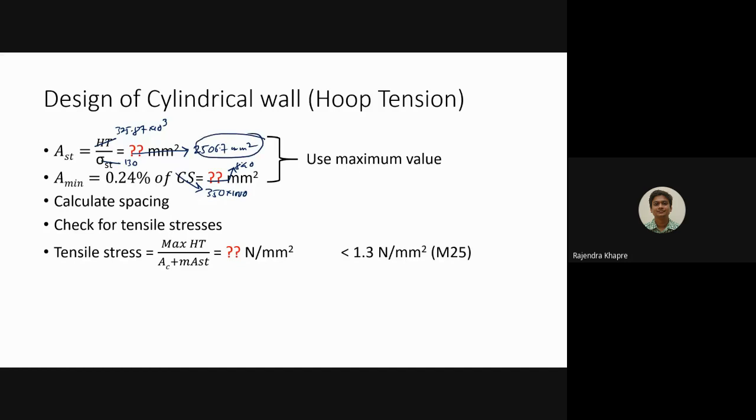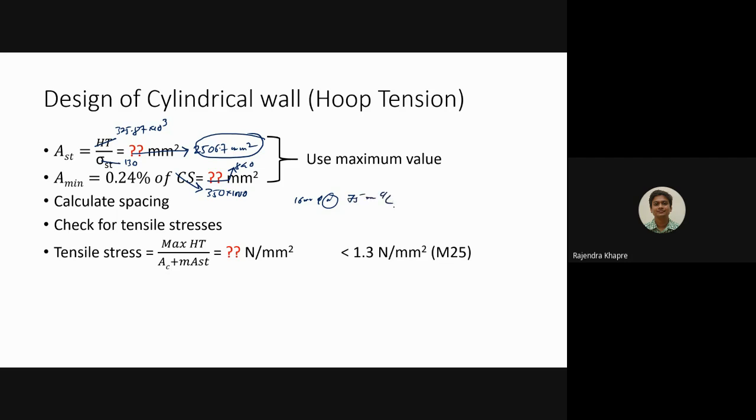Okay, if we provide 16 dia bars, what will be the spacing for 2506 square? Sir, 80. Sorry, 80.20. Okay, so we can provide this as 75.